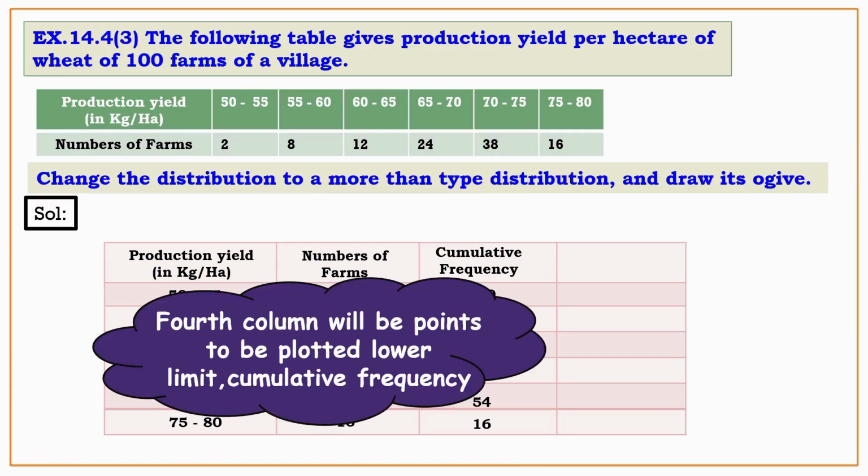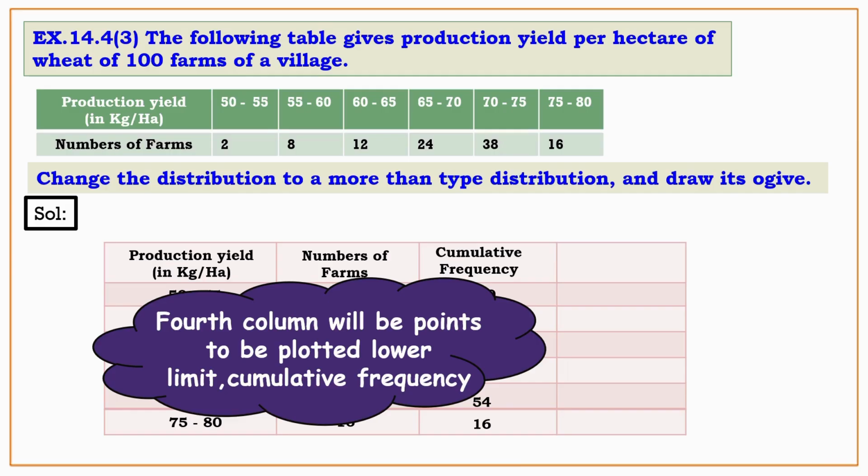Now the fourth column will be the points to be plotted. In this case, we are going to take x as the lower limit of the class interval and y will be the cumulative frequency. In the earlier less than type, we considered the x coordinate as the upper limit of the class interval and the cumulative frequency as the y coordinate.